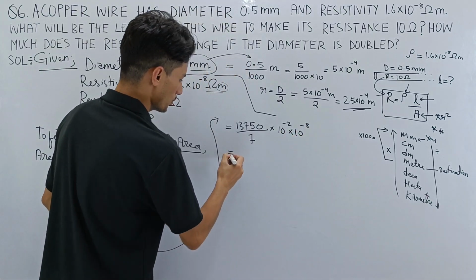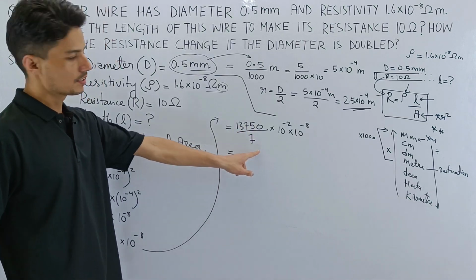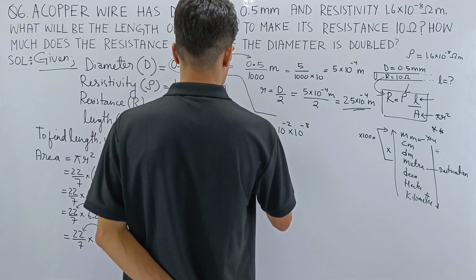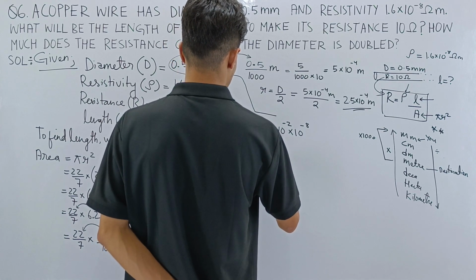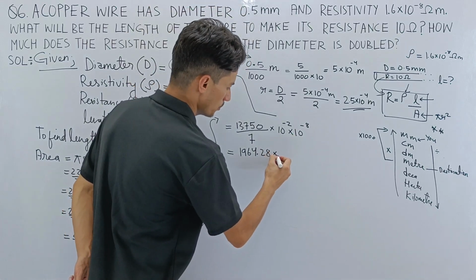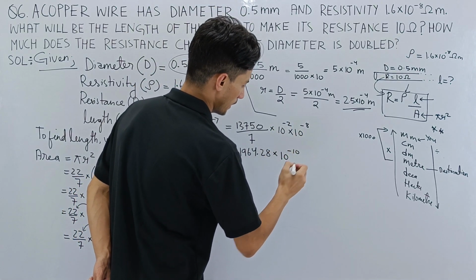Okay, then you divide 13750 by 7. On division, you will get 1964.28. And then the power will be 10 to the power minus 2 minus 8, which is minus 10.